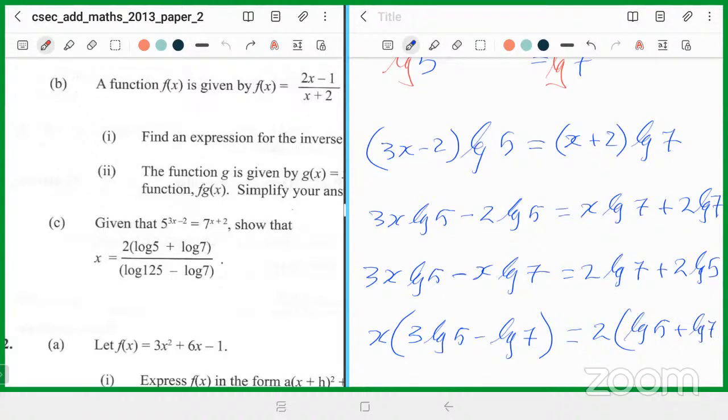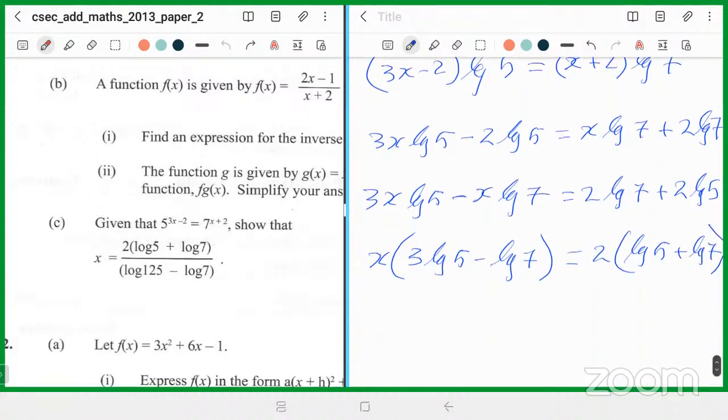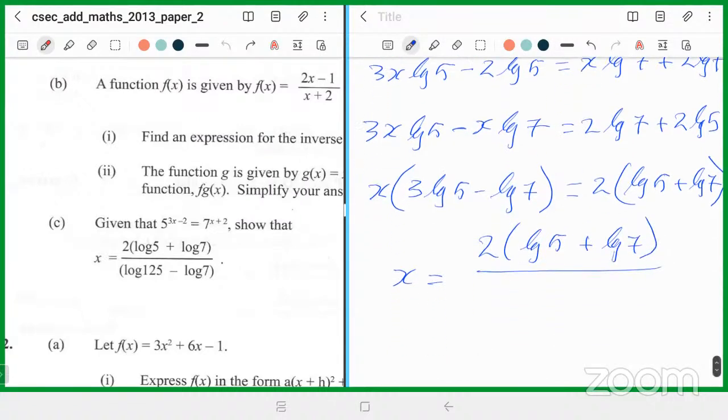log 7 over here. And then a matter of dividing this under here now, I need the x as a subject. But in the same breath, this 3 can come up here on the power. And so I can write this as x equals 2 log 5 plus log 7 divided by, I'm going to put the 3 on the power and write log of 5 cubed minus log of 7.